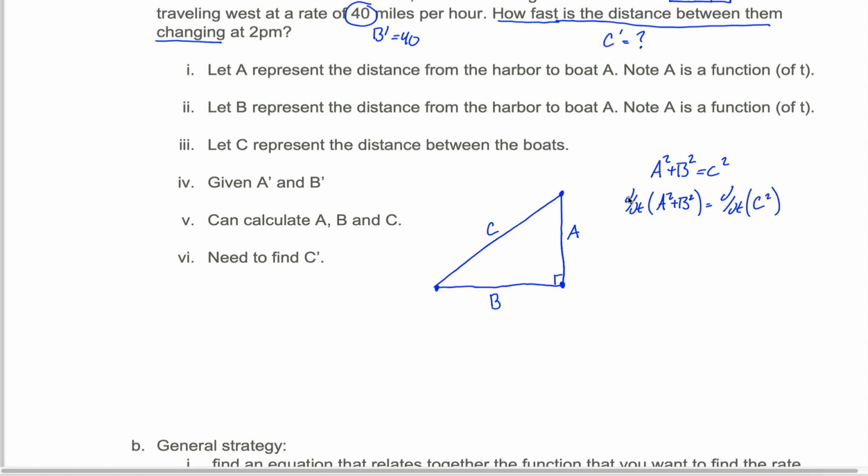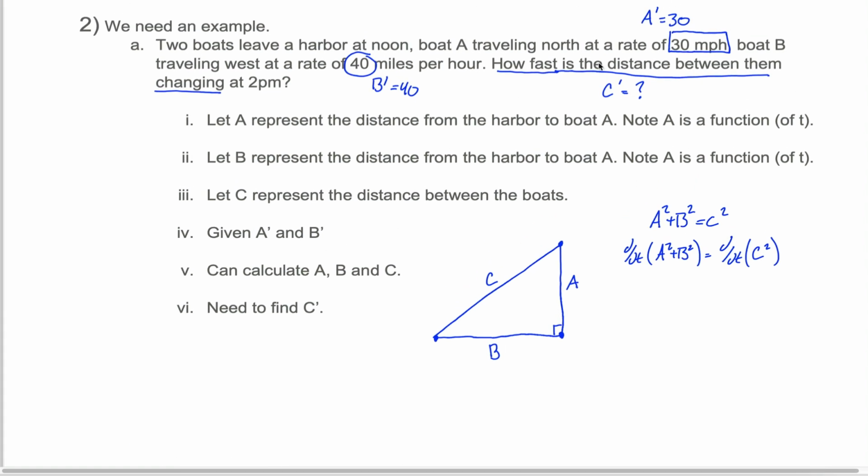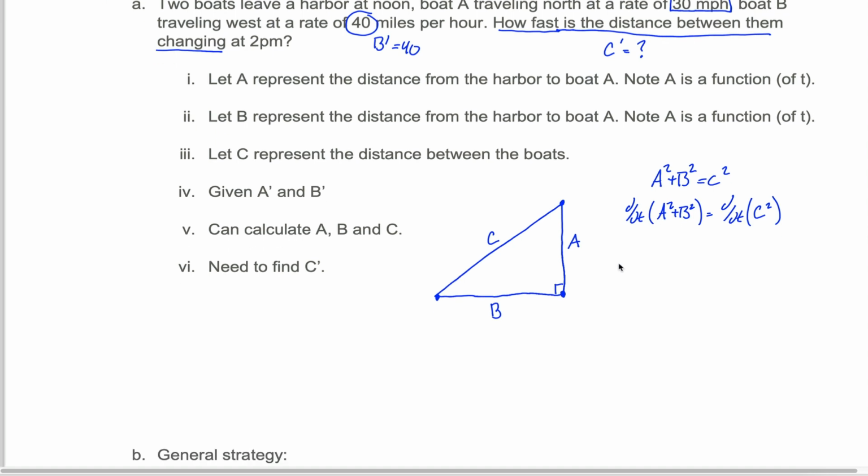Note that typically I've been writing d over dx because x is the variable, but maybe in this case, since we're talking about positions at different times, it makes sense to call the variable t, in which case d over dt might be a more logical symbol to use. It really doesn't matter. This is just saying take the derivative of these things, and I have to remind myself that these things are not variables, these things are functions.